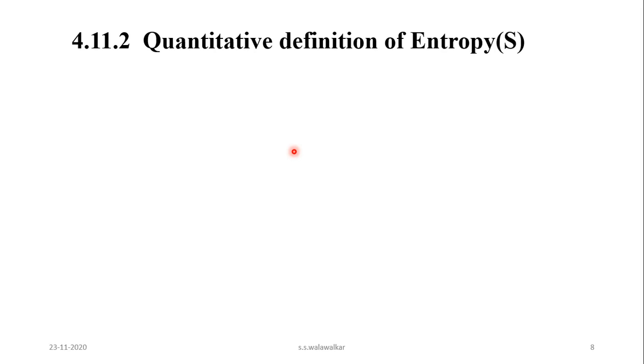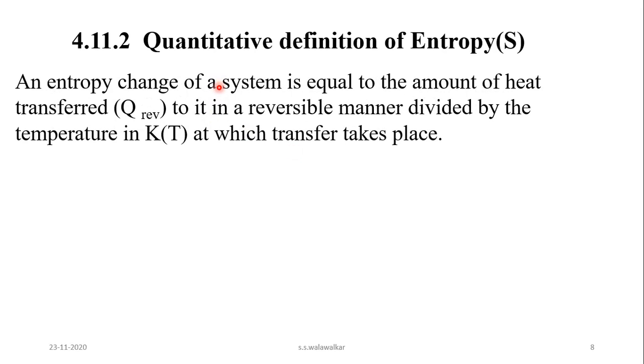Now, the quantitative definition of entropy, or mathematical expression for entropy. The entropy change of a system is equal to the amount of heat transferred to the system in a reversible manner divided by the temperature in Kelvin at which the heat transfer takes place. That is the quantitative definition of entropy.